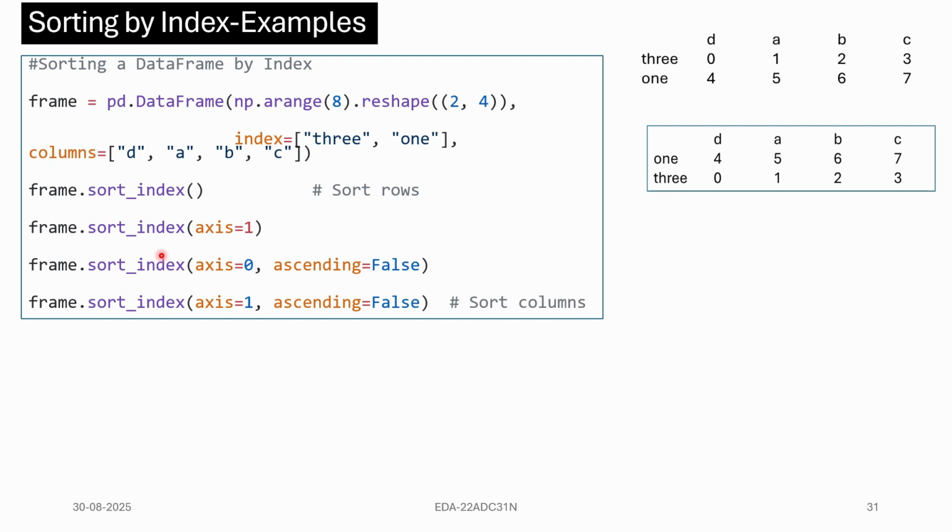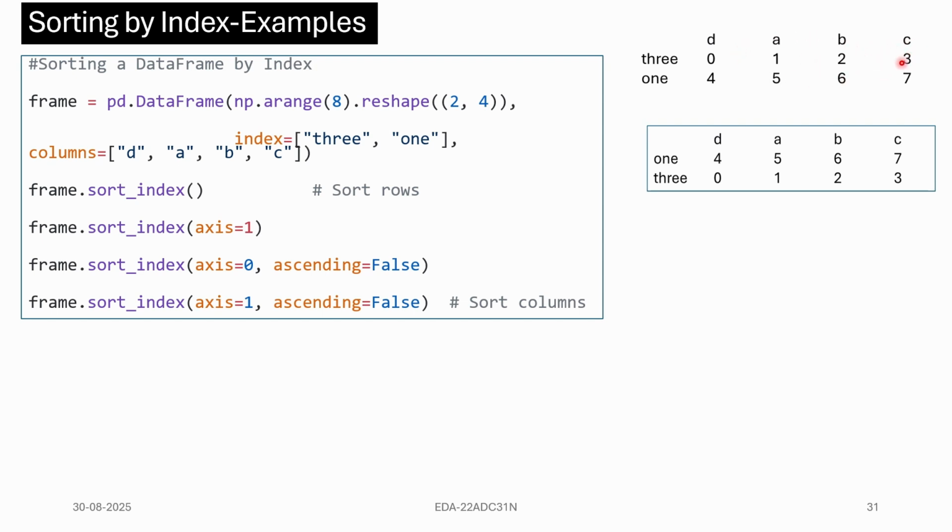Now let us look at one more statement, which is frame.sort_index with axis equal to 1. What is the meaning of axis equal to 1? It is horizontally along the x-axis. What is existing horizontally along the x-axis? It is nothing but the column labels.